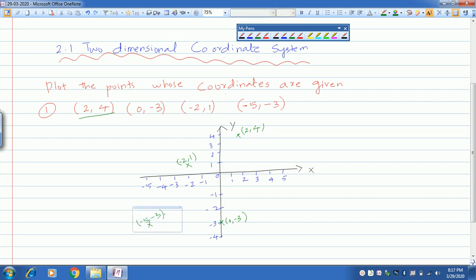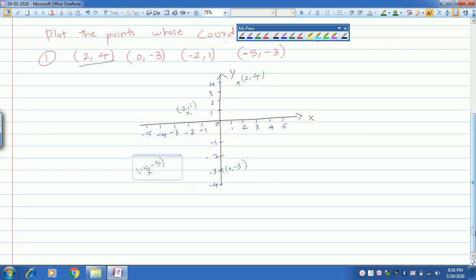So now we are going to see the next question. This is plot the graph: minus 3 comma minus 5.